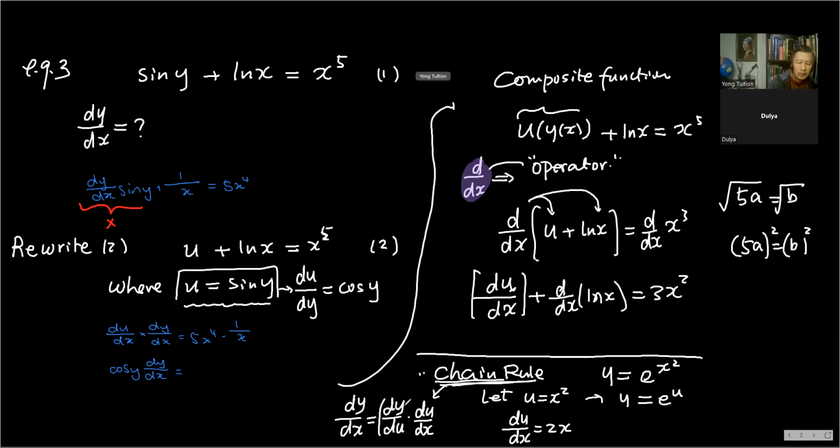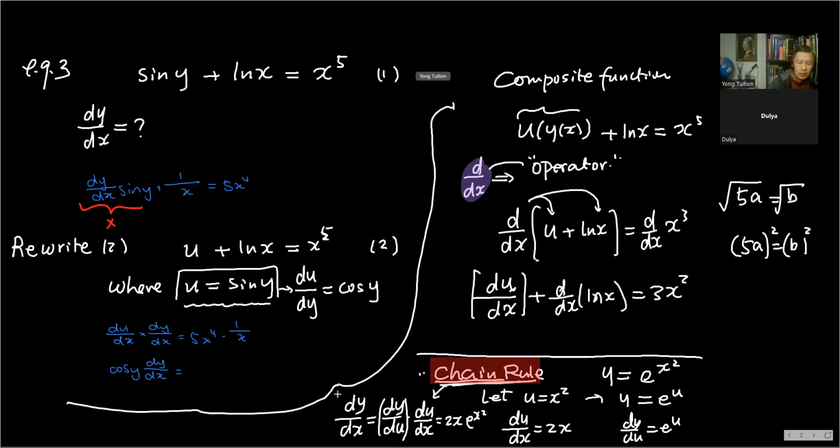So we got everything. We got dy/du. What is dy/du? It is e to u. We got du/dx, so we just multiply them: 2x multiplied by e to u. Can you follow me now? You really have to digest why we invented the chain rule.